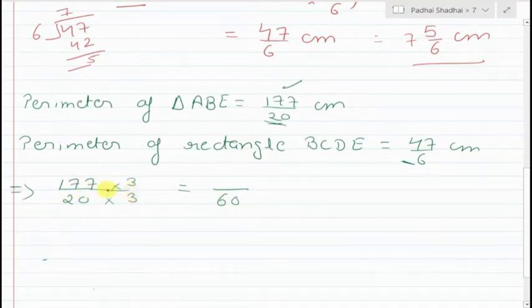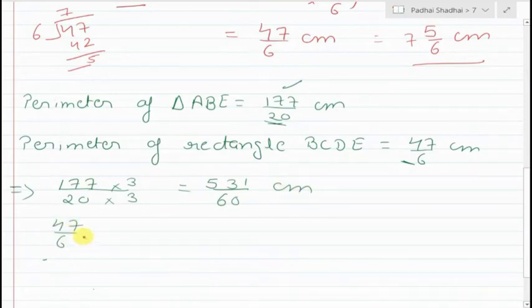The LCM of 20 and 6 is 60. 177 into 3: 7 3s are 21, carry 2; 7 3s are 21 plus 2 is 23, carry 2; 3 1s are 3, plus 2 is 5. So 531 by 60 centimeter is the perimeter of the triangle.